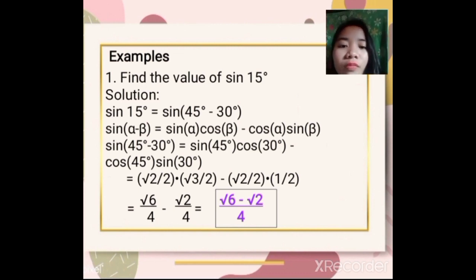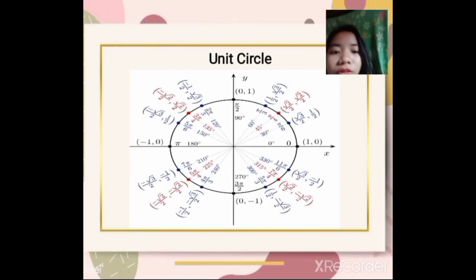So sine 45 degrees, based on the unit circle, the cos 45 degrees is square root of 2 over 2.